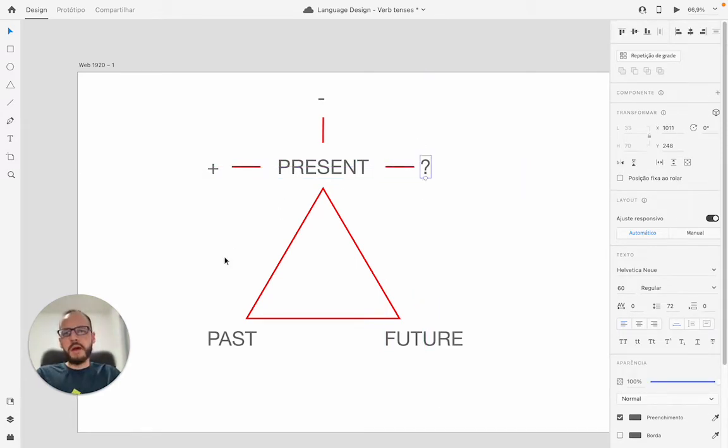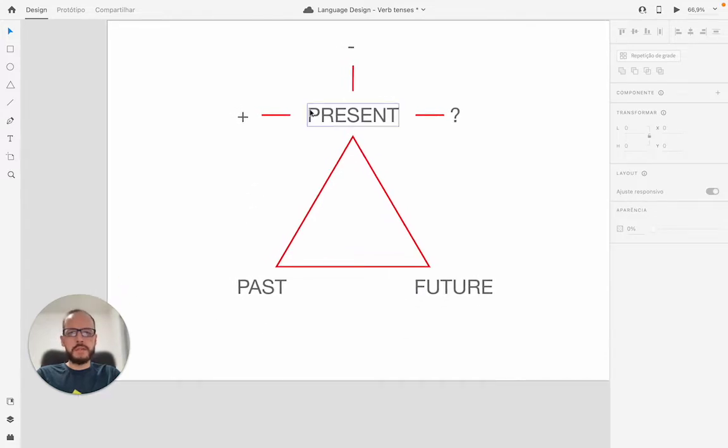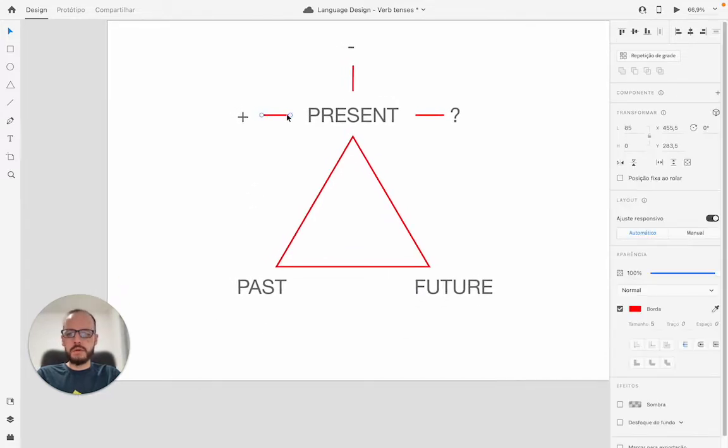And then I will tell you that the same thing that I did in the present also works for the past. So I'm going to put here that we have affirmative, negative, and interrogative sentences also in the past. The same is going to happen here in the future.